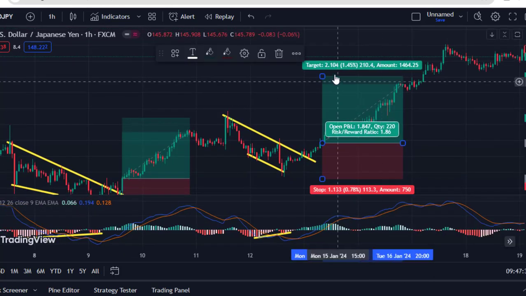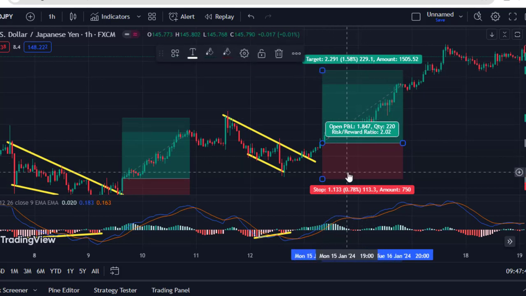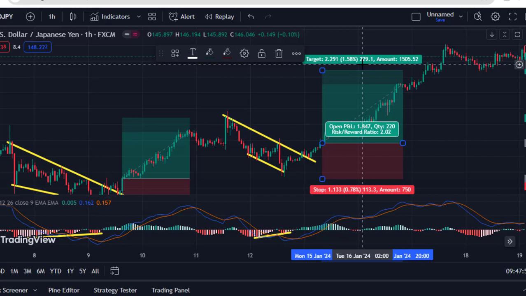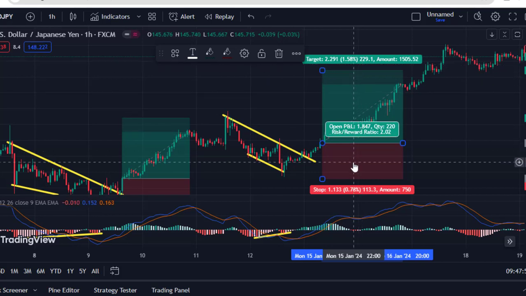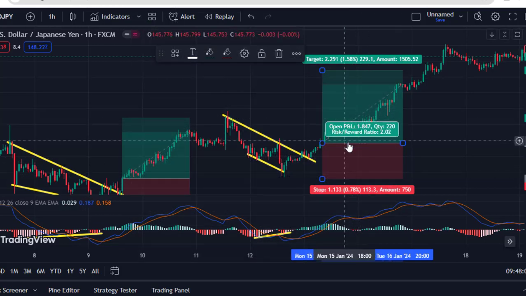In this very case, if you look at it very well, you discover that your stop loss is 113 pips, while your take profit is 229 pips. Okay, so this gives you a 1 to 2 risk reward ratio. So this is a buy position, this is also a buy position.